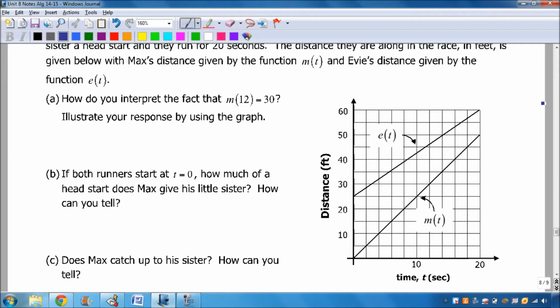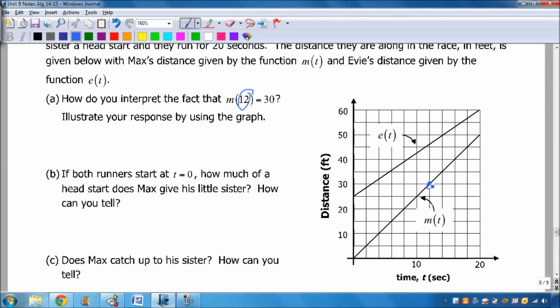So question A says, how do you interpret the fact that m of 12 equals 30? Interpret your response by using the graph. So I have to use Max's graph right here, and I have to go to where my input is 12. So my input is 12 right here. So then my output, if I look at it, is right here, and it's 30.